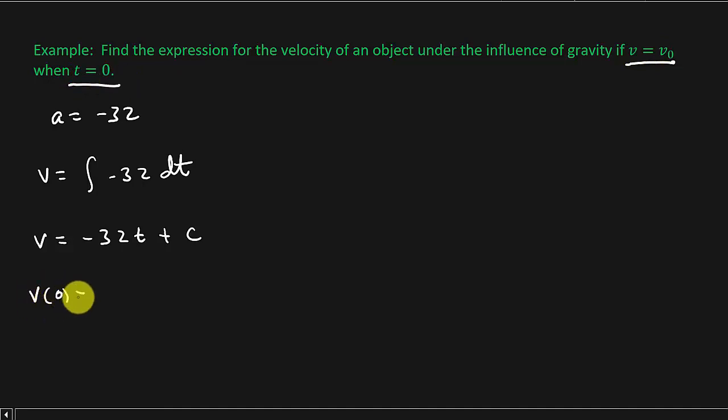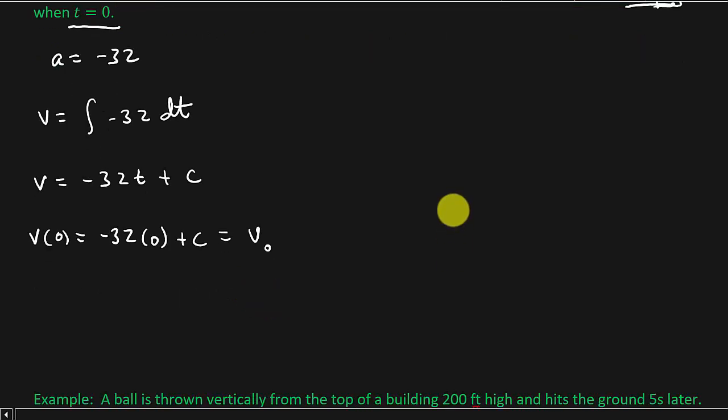So v of 0 is negative 32 times 0 plus c, and that should equal v naught. This is 0, right? And so that tells us that c is equal to v naught. So our velocity is negative 32t plus v naught.